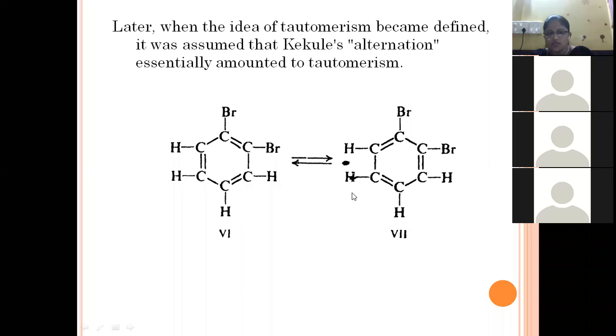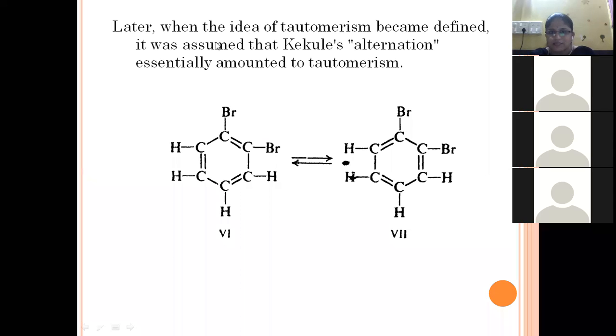These two structures of benzene differ only in this: here the conjugation of double bonds starts clockwise, and in this it is anti-clockwise. But these two structures are the same. They all have equivalent hydrogen atoms and equivalent carbon atoms, and so these two structures are tautomers of each other.